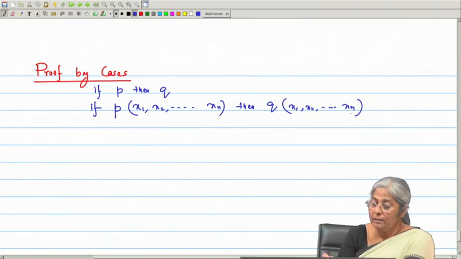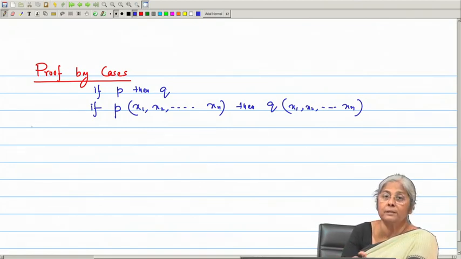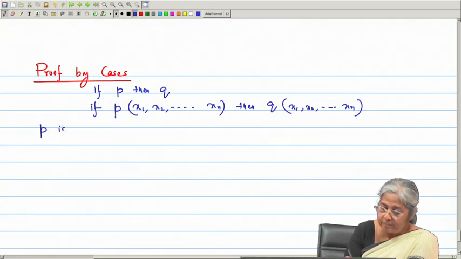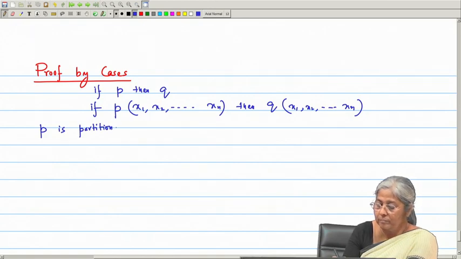Now, this P is partitioned into different cases.